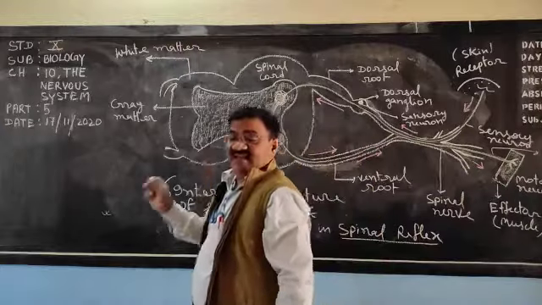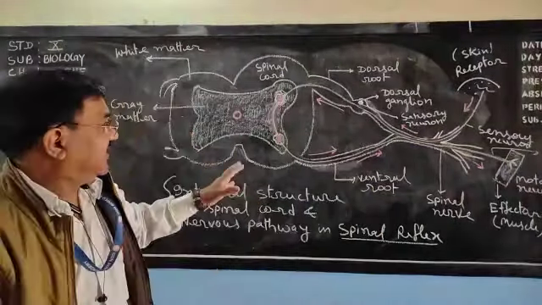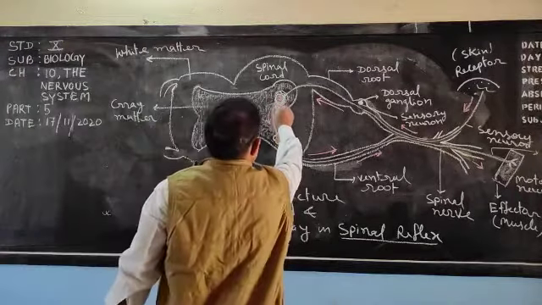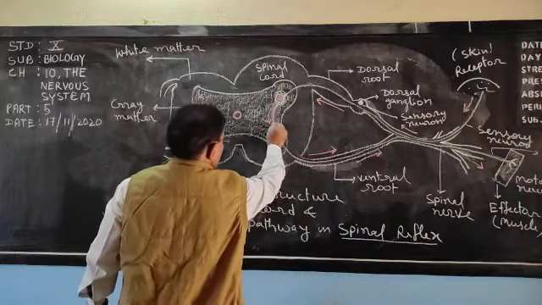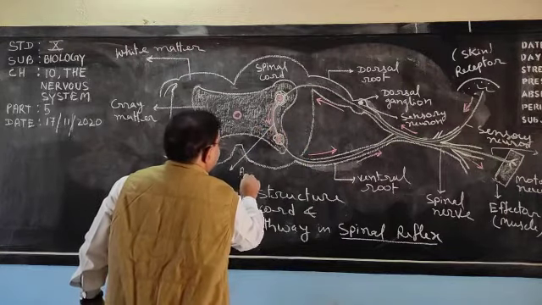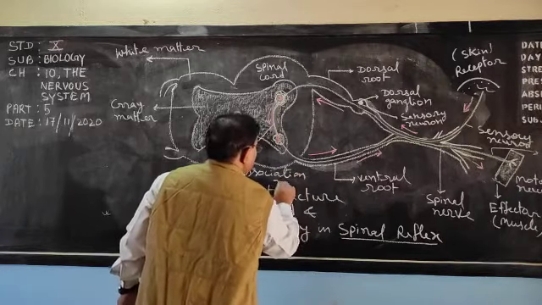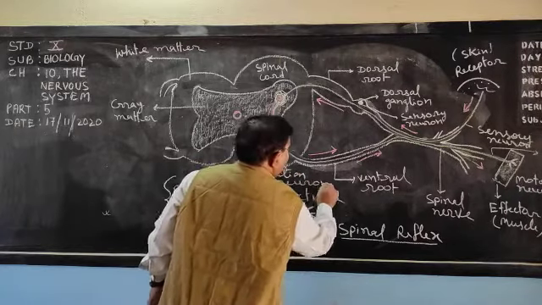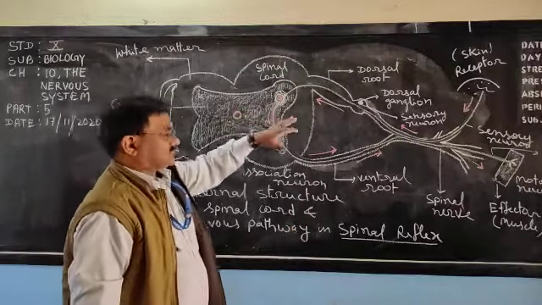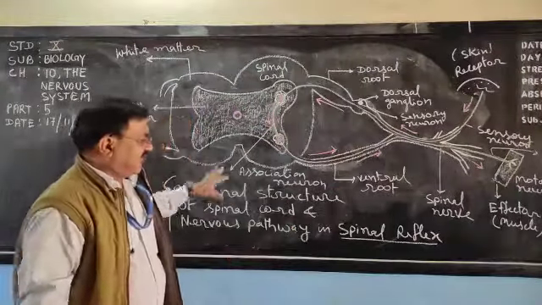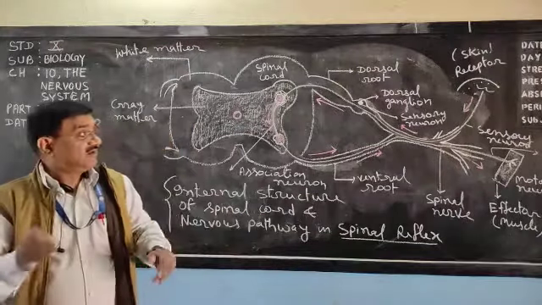And the connecting link between these two is the association neuron. So this red color shows the association neuron. Very clear. This is the diagram of the internal structure of the spinal cord.